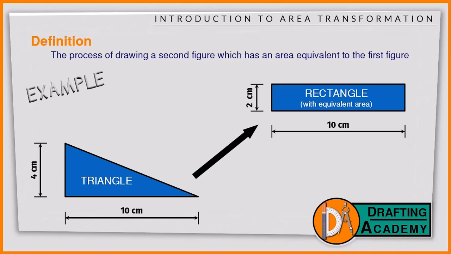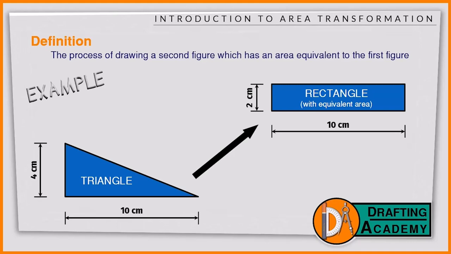Here we can see by doing some mathematics, the area of the triangle is half the base, so half 10 centimeters, which is 5, multiplied by our height. So the area of this triangle is 20 square centimeters. Now, if you look at the rectangle on screen also, you will notice it also has the same area.